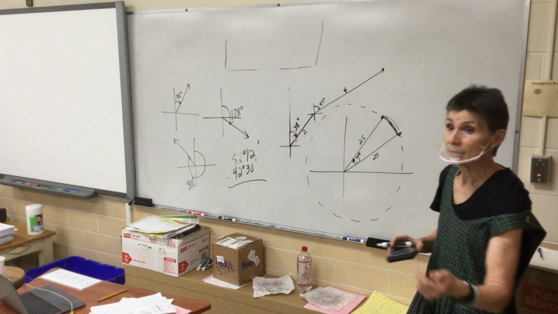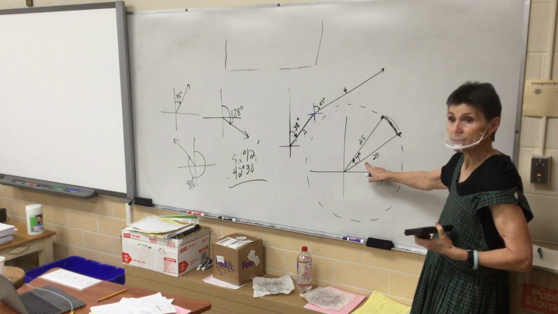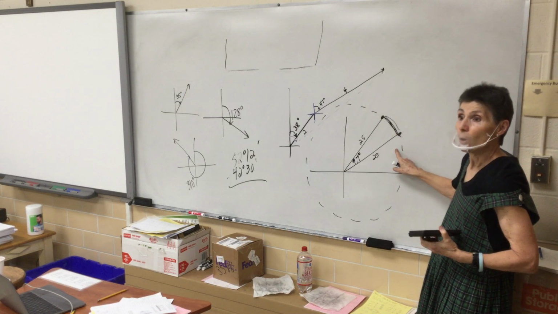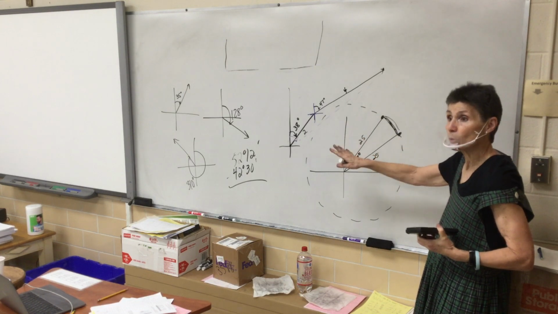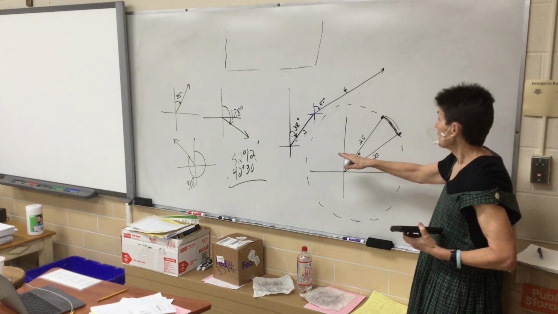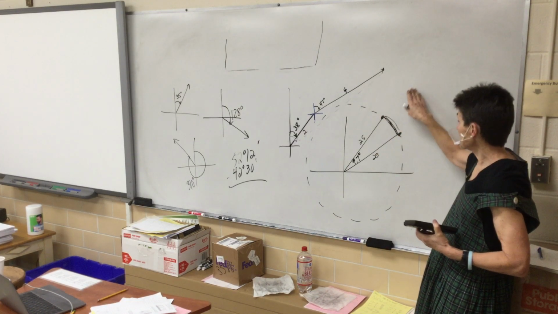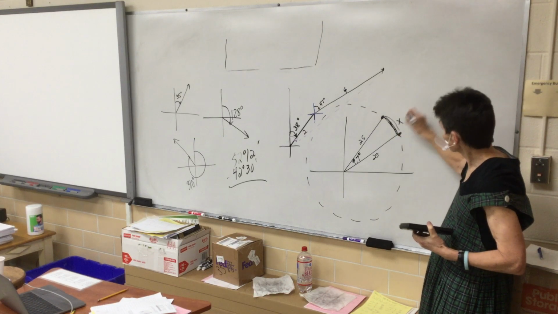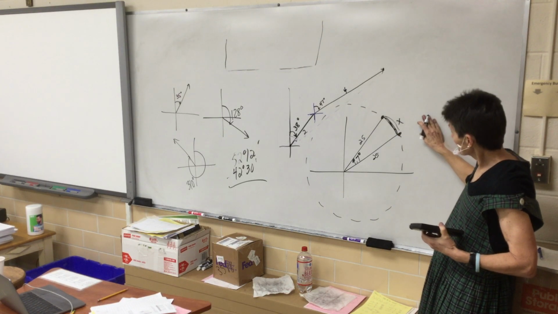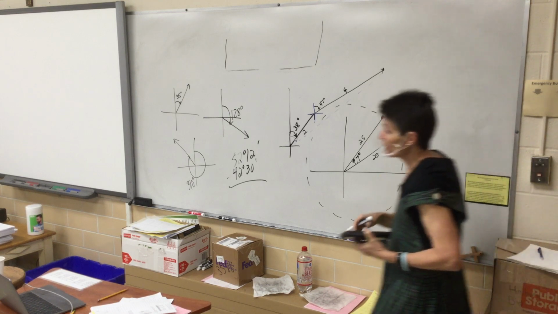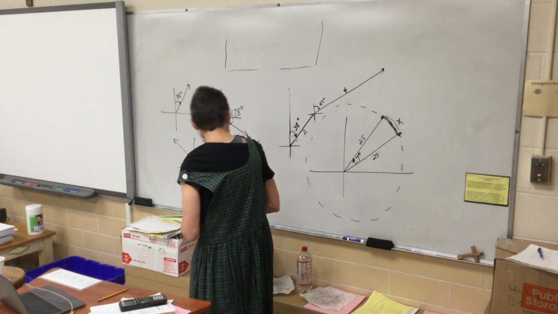So I can either change that into radians and find my arc length, or I can set it up as that proportion and say 9.7 over 360 equals x over 2 pi times 25. All right, well, I want to practice with radians, so I'm going to do that.